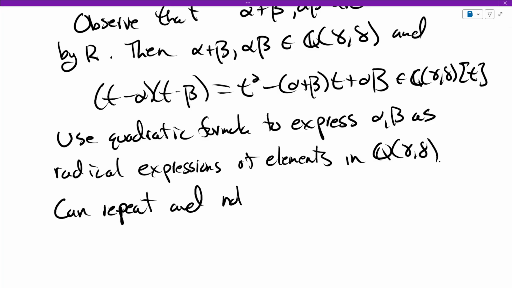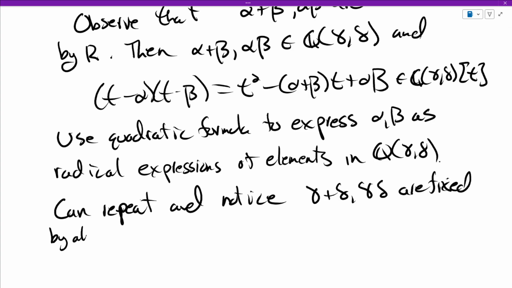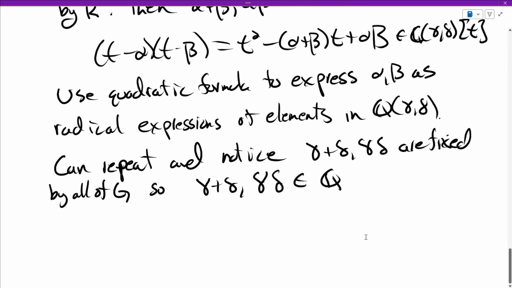And notice that gamma plus delta and gamma delta are fixed actually by all of G. In fact, the same is true for alpha plus beta and alpha beta, but we didn't know that a priori. So gamma plus delta and gamma delta are actually in the fixed field of G. And the fixed field of all of the elements of G was just Q. The rationals were the only elements that are fixed.